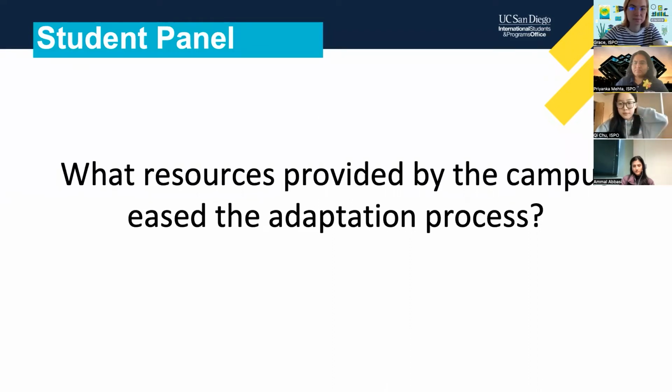One of them was getting easy on-campus housing, and the same things that we said, that we have multiple events conducted by ISPO as well as at our departmental level, which allow us to interact with the senior students, get to know the new students or the undergrads, and other researchers or postdoctorate people, so that we can explore more into our field. So I think these were the important resources in the adaptation process in the master's program.